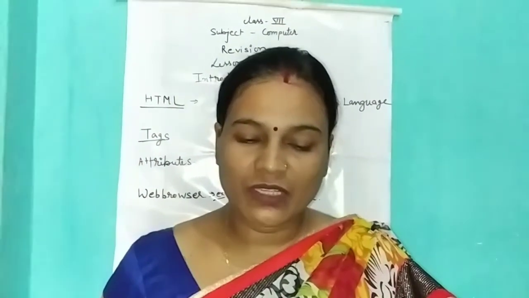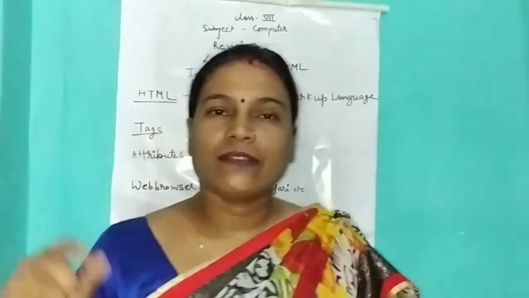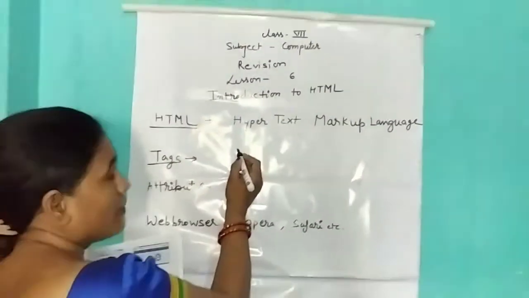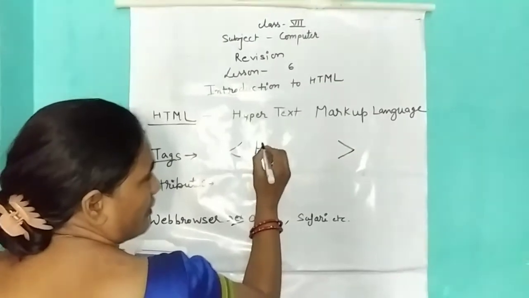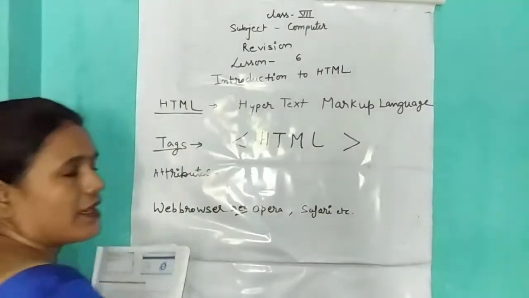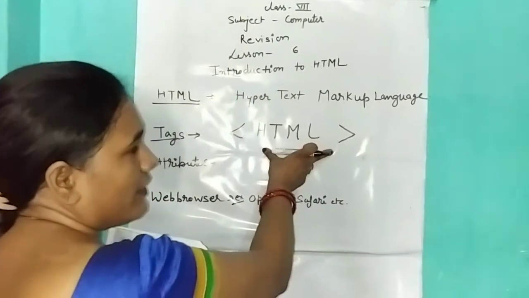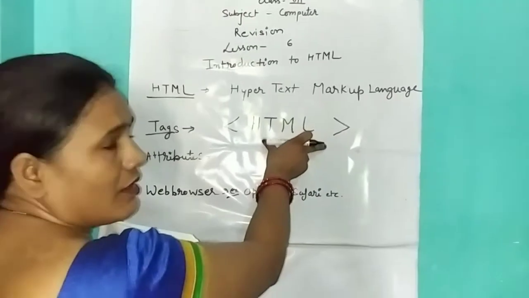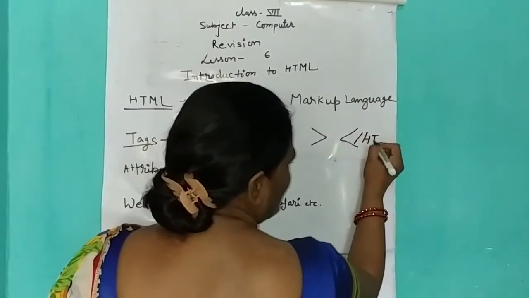Elements are special keywords enclosed within angular brackets, like angular bracket open and angular bracket close. Between the angular brackets, we just write the HTML. This is the HTML tag. It is used to declare any simple document as a web page, and then the HTML close.